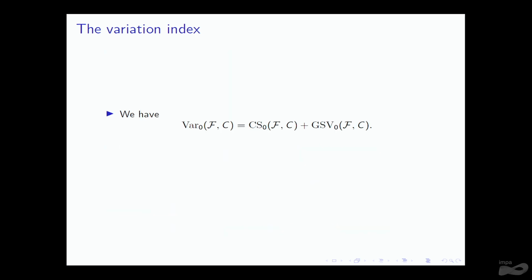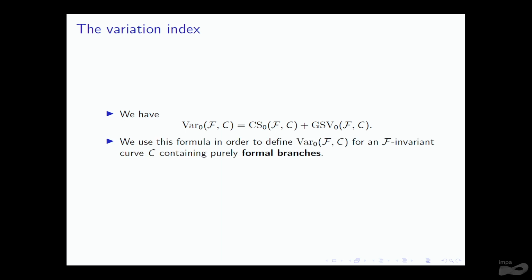And it's related to the two previous indices: variation equals CS plus GSV. This was proved by Marco Brunella in that paper I cited. And in order to define the variation for an invariant curve C containing purely formal branches, I use this formula. I have a definition for the CS and for the GSV for formal invariant curves, so I have a definition of the variation.